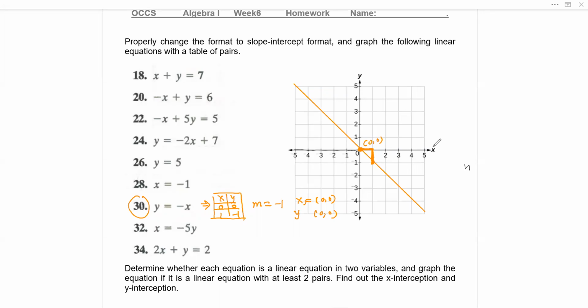This XY coordinate system separates the plane into 4 sections. This is called the first, this one the second, this is third, and this is fourth. Any dot in the first area, both are positive: X is positive, Y is positive.